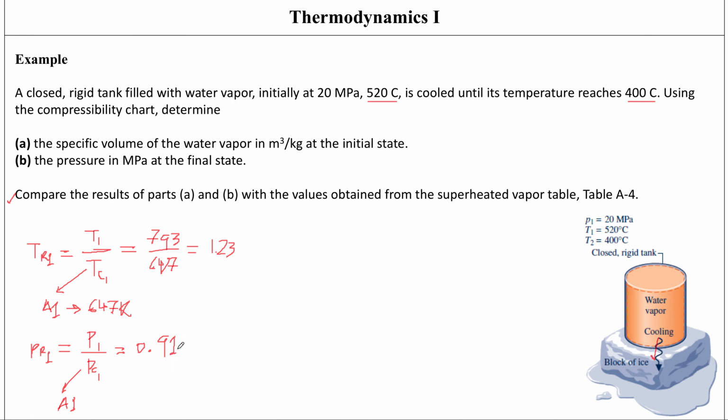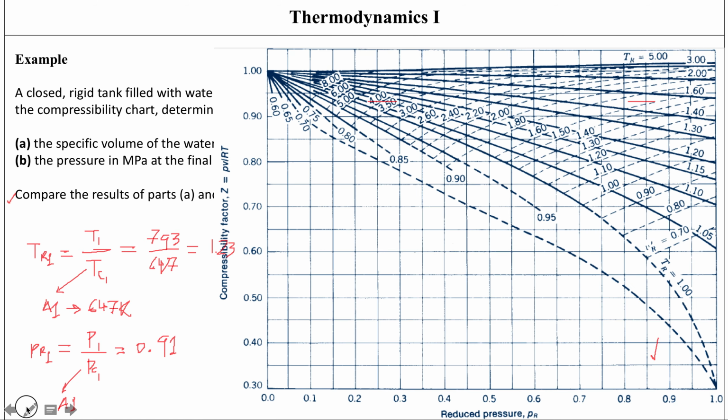0.91. Now that I've got these values, I can look at this chart here. Because I'm looking at reduced pressure, it's going to be 0.91, so let's say it's somewhere here, and I said that my reduced temperature value is 1.23, so I move on this chart and I see that this is 1.2, so it should be somewhere here. I'm going to draw a vertical from here.